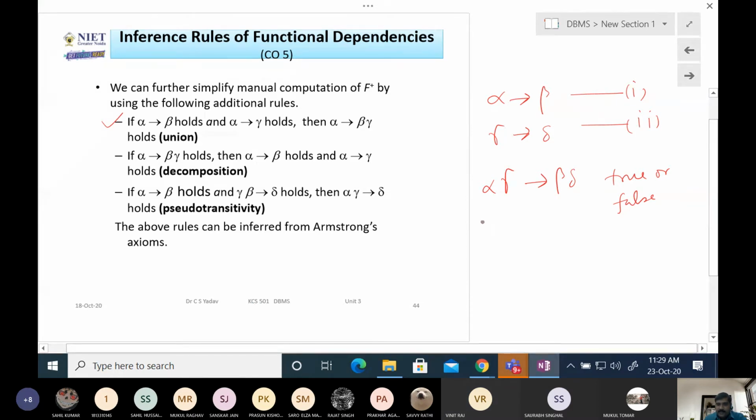So we will write: augment equation 1 with gamma on both sides. Then we will get alpha gamma determines beta gamma. This is equation 3. Then what will we do?